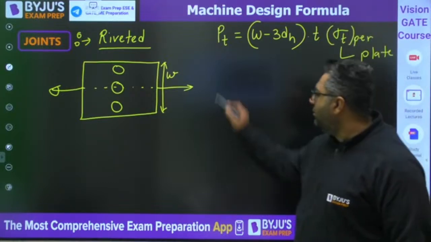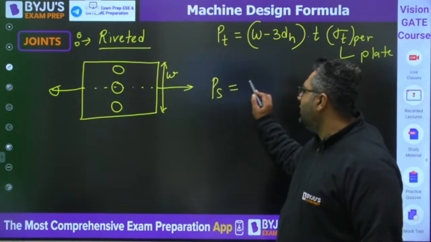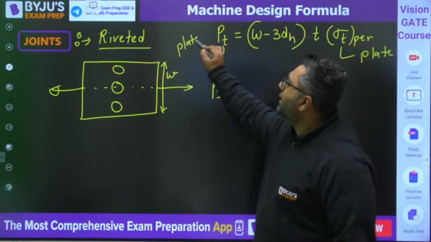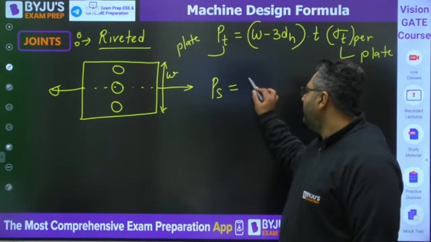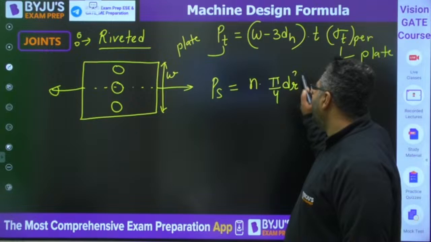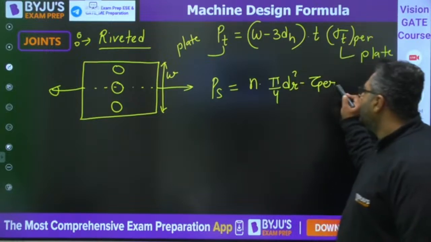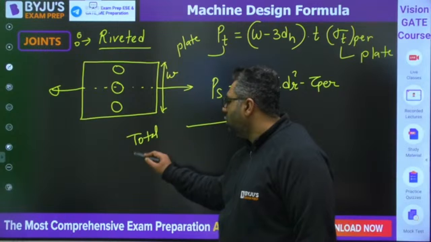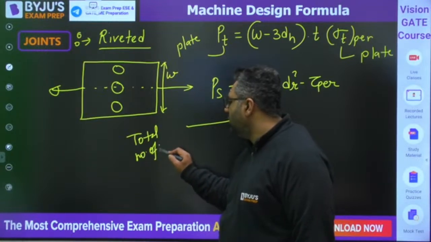And when we are talking about the shear or crushing strength, it is for the rivets. So this is for plate, shearing and crushing is for rivet. So PS is N into pi by 4 d_r square into tau permissible. Here N is the total number of rivets.